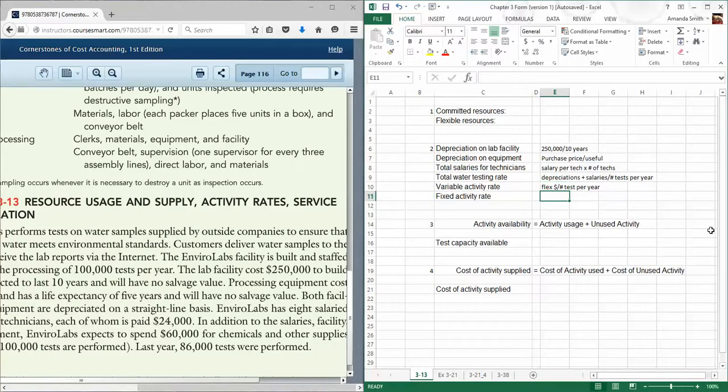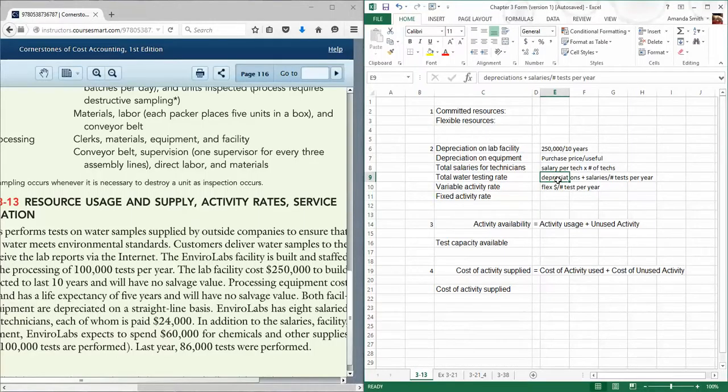The fixed rate activity is going to be pretty much the same thing as above, except it's going to have one item less.